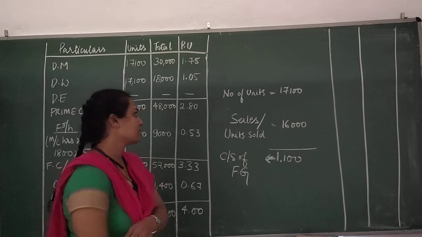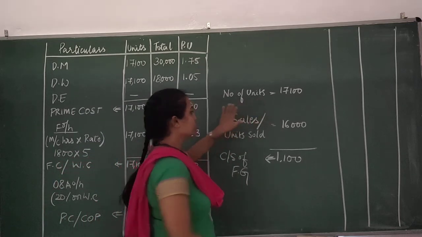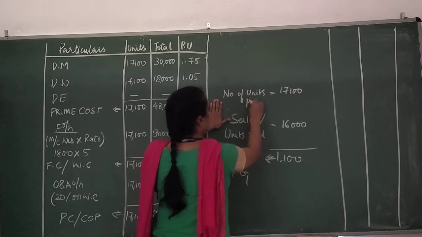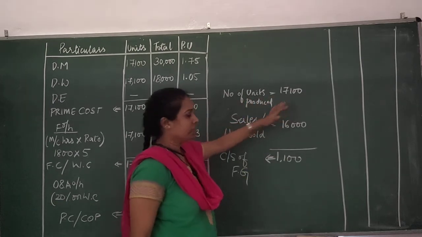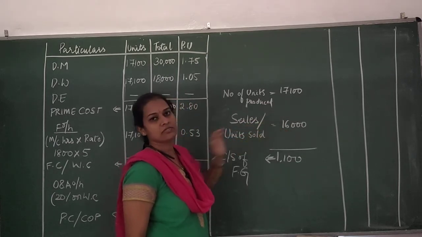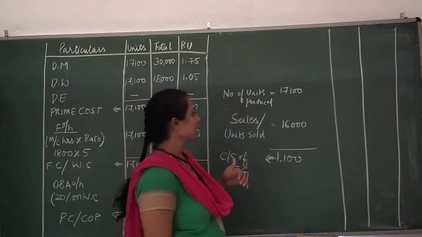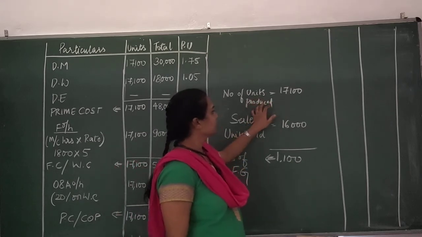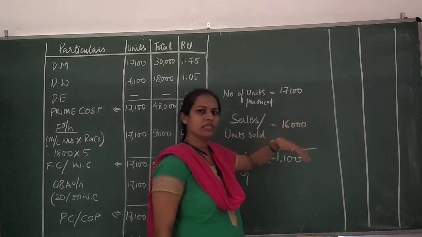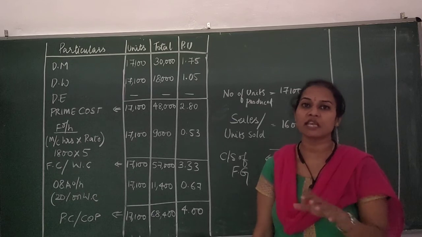Let me repeat once again. The number of units produced is 17,100, wherein the units sold is 16,000 in this problem. Usually, you solve a problem where the units produced are the same as the units sold.